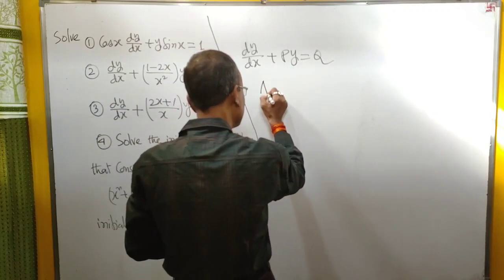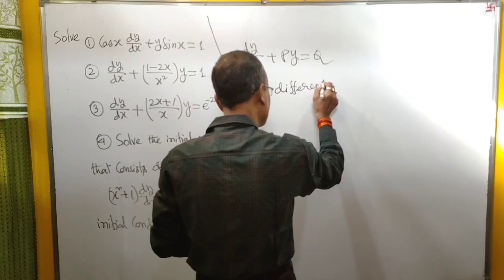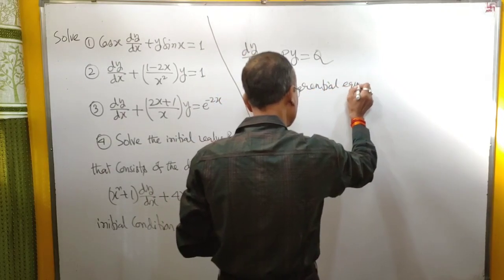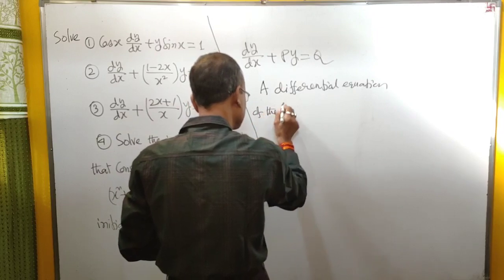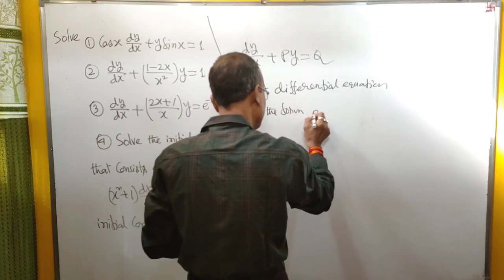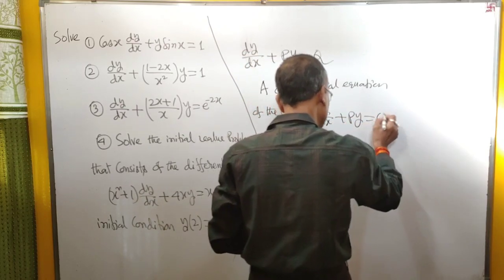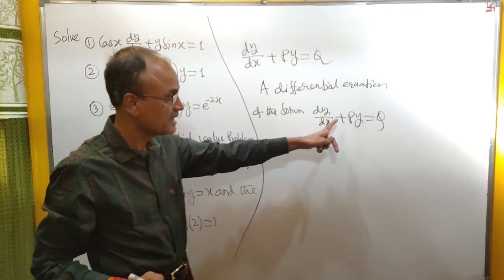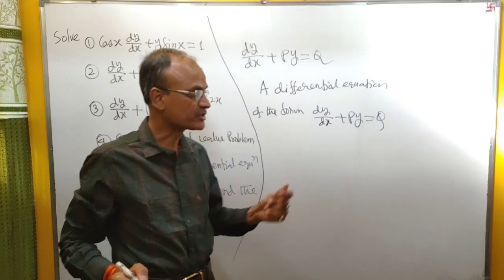Now, let me define it. A differential equation of the form dy by dx plus py equal to q, where p and q are functions of x or a constant.